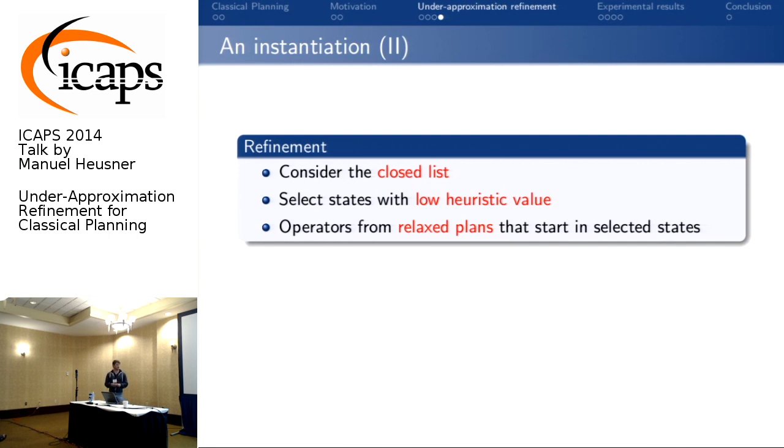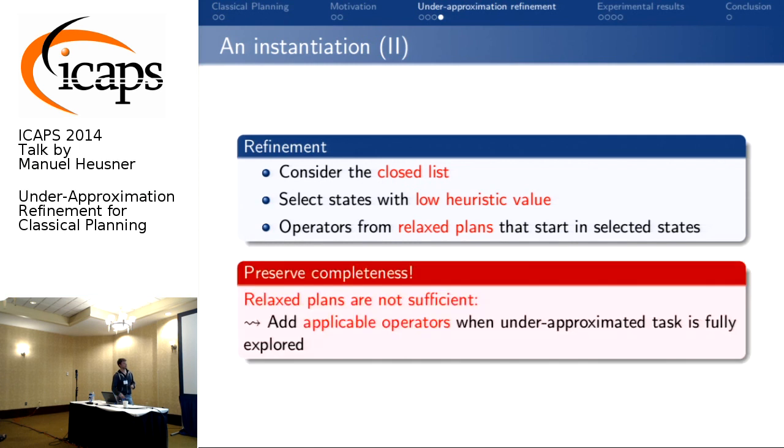When we have created the relaxed plans, we select the operators, and these operators will refine the current under-approximation. If no operators can be found in these best states, we scan the closed list and try to find new operators in the relaxed plans.